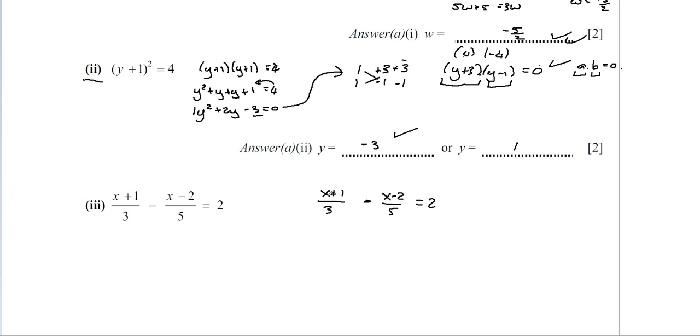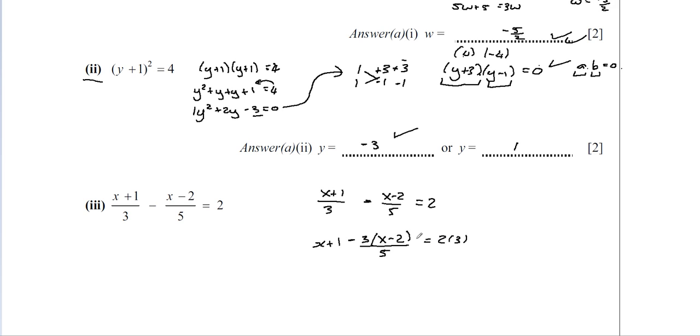So to get rid of this 3, we'll multiply everything in this equation by 3. So x plus 1 over 3 times 3 just cancels, and it's going to be x plus 1. This 3 is going to disappear. Minus 3 times x minus 2 over 5, and 2 times 3.